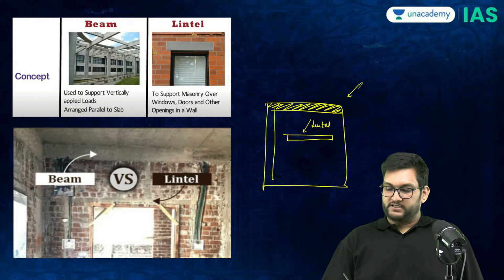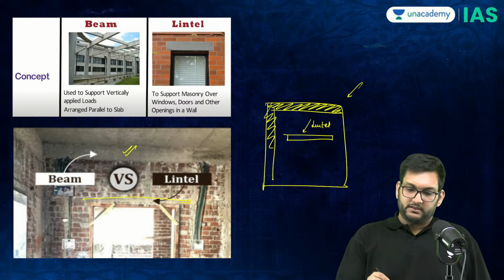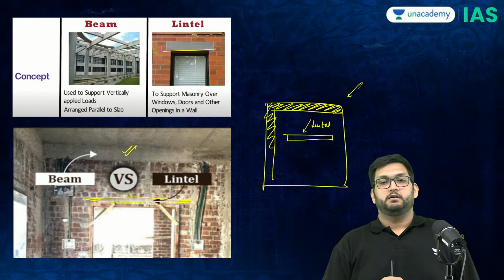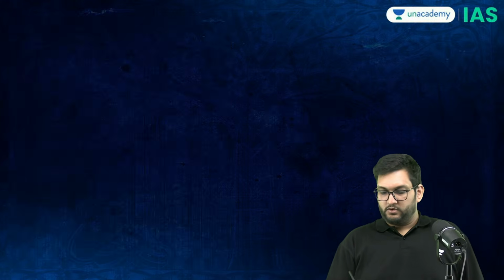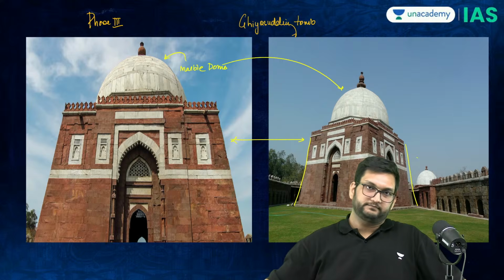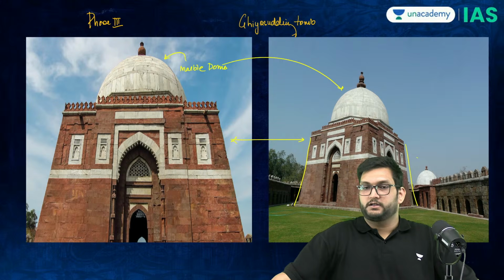There are always beams in and around. You will see these are beams. So this is where the architecture of the Delhi Sultanate reached its highest point.